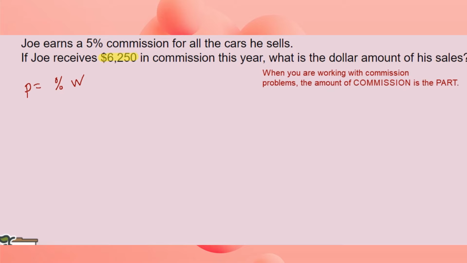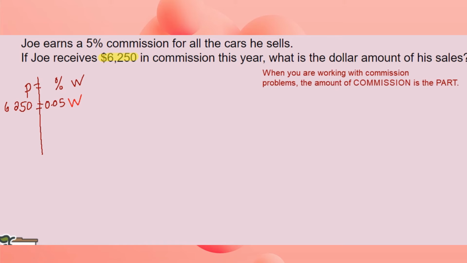So if we look here, it said if Joe receives $6,250 in commission, that lets us know the commission is $6,250. So that is our part. Our percent is 5%, and remember to always change your percent to decimal form when you're substituting it into your equation. Our whole is unknown, and that will represent the amount of sales.